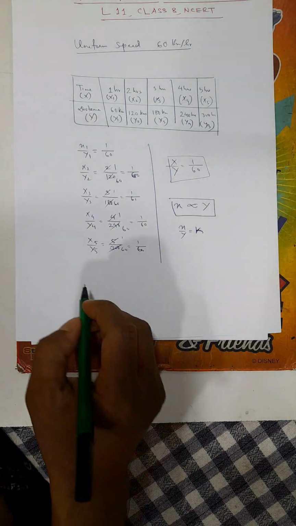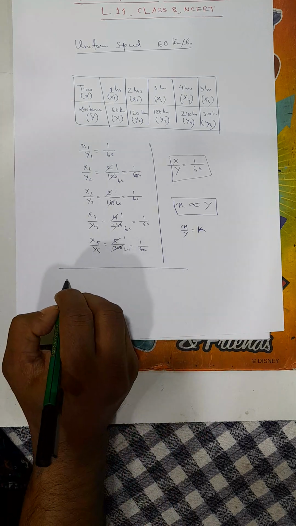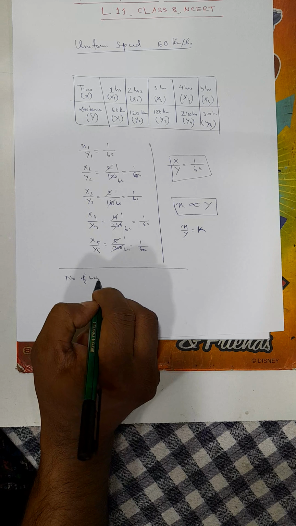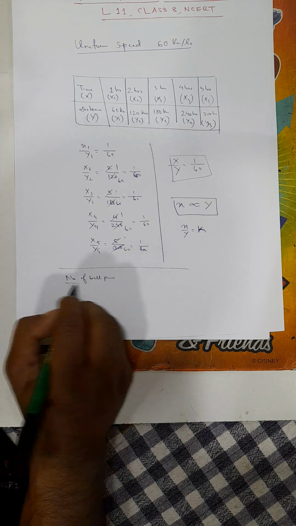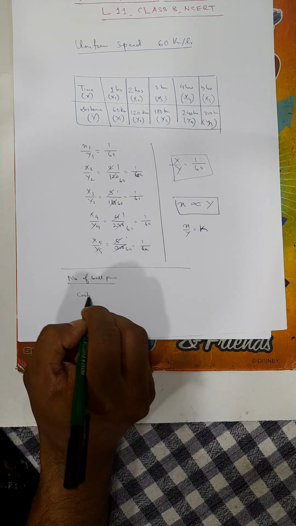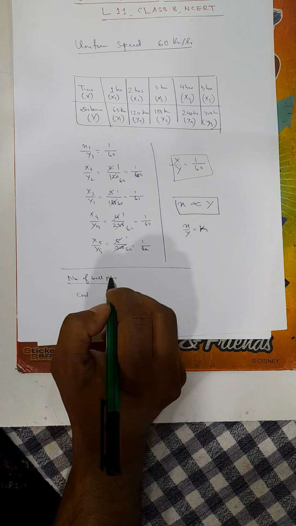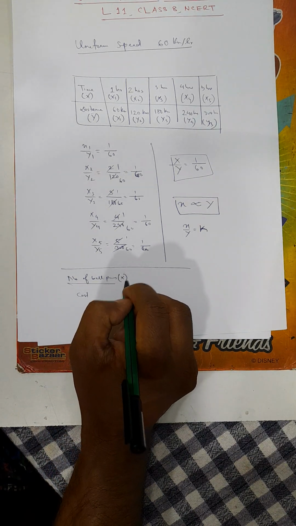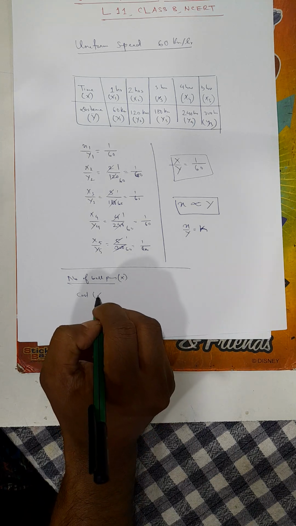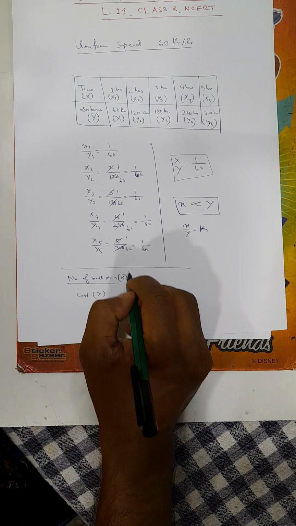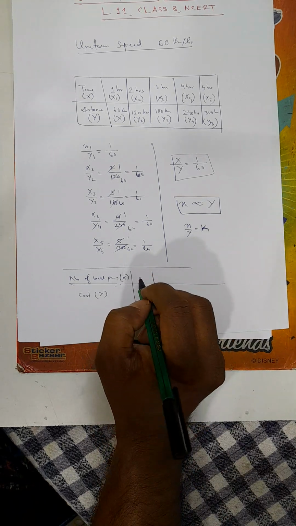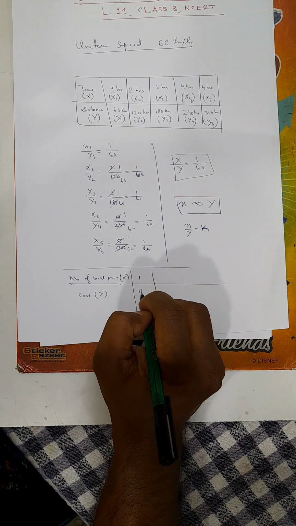Let's take one more example. Say the number of ball pens and cost. Suppose the number of ball pens is denoted by the variable x, and the cost is denoted by y. Now you see the relationship. Suppose the cost of one ball pen is 10 rupees.